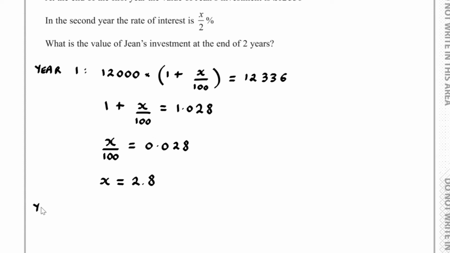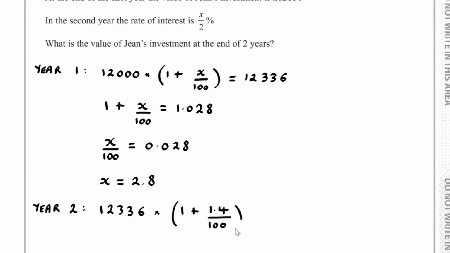Now if I take a look at the second year, what's invested in the second year would be how much we have at the end of the first year, 12,336. And then we multiply this by 1 plus 1.4 divided by 100.